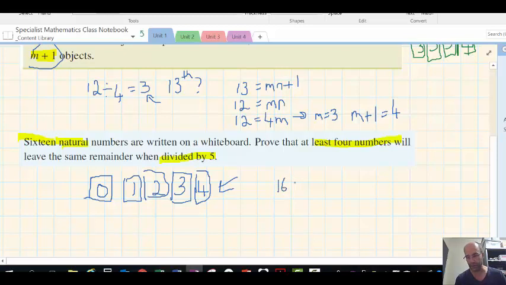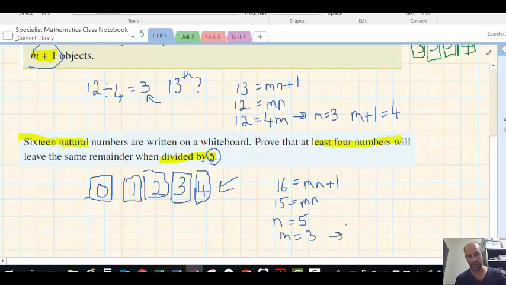So we would have 16 equals mn plus 1, so 15 is mn, and therefore n is 5, because we're looking at being divided by 5, and that would make m equal to 3.